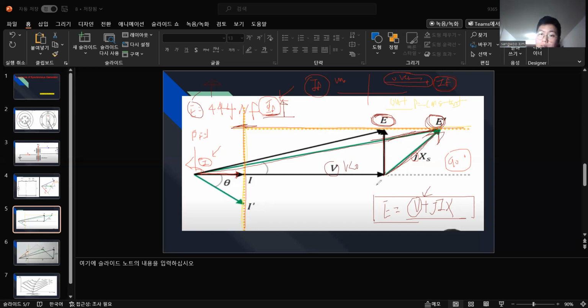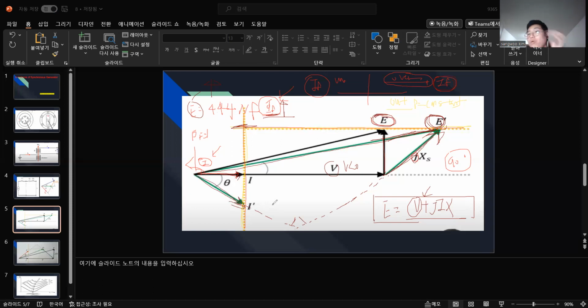So look at that. Sorry, this is not 90. I said J is 90 degrees, preceding, right? So I is here now. So what happened? The load I has a bigger magnitude, right?